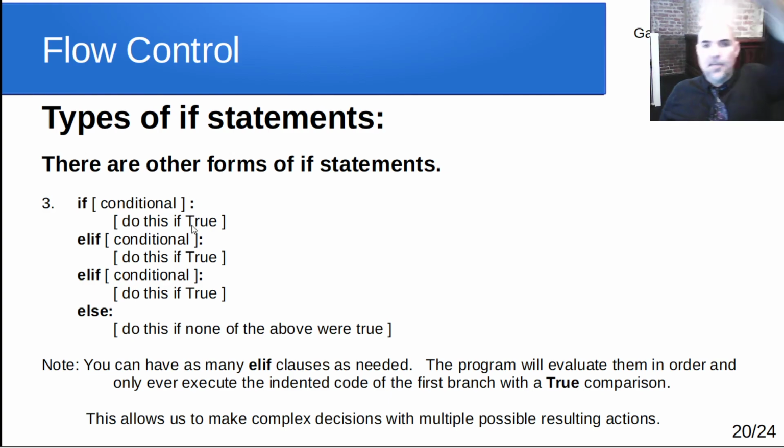So in other words, this is like a branch that's branching out, where it comes to the point and then it decides, do I go this way or that way or this way or this way? But it's definitely going to take one of those branches. How's it going to decide which one? Whichever first one it comes to that has a true conditional, that's the path it's going to take. Now notice that can allow us to make these incredibly complex decisions with multiple actions that are possible.